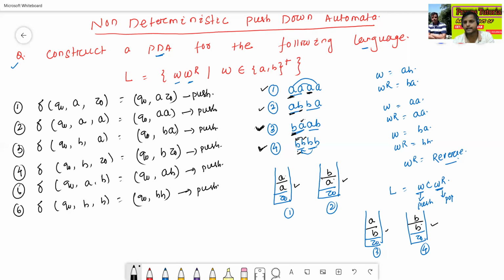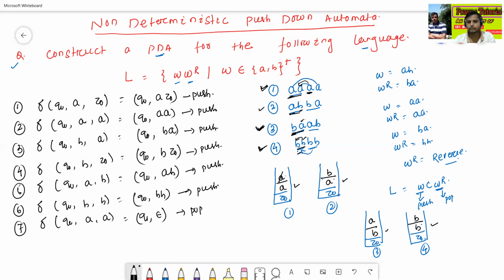When it reads A, I'm now considering the first case. So A push here, AB push, BA push, BB push. Now A will pop this A. Seventh one, delta(Q0, A, A) means pop, and I'll change the state to Q1, epsilon. This is the pop: A will pop the top of the stack.